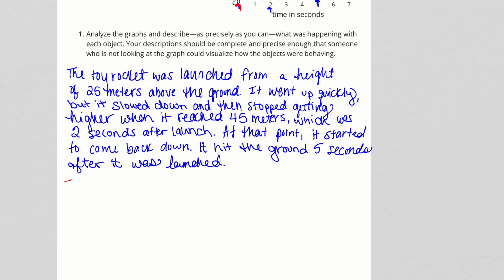So the drone was launched. Or sorry, the drone took off. That's how it has it worded. Okay, so the drone took off from the ground.